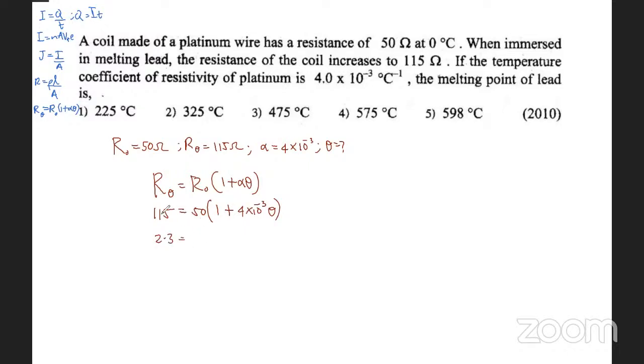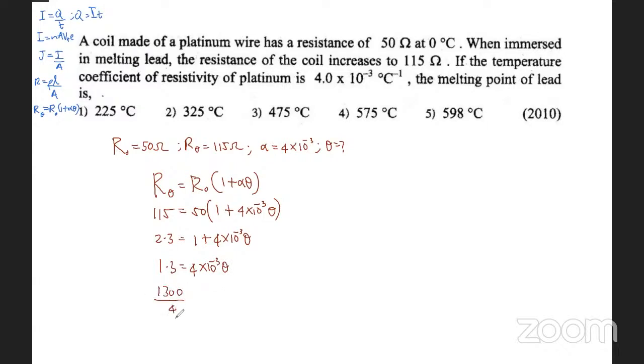How do I know it's 2.3? On either side I multiplied by 2. So 230 over 100 is 2.3. 1 plus 4 into 10 to the power minus 3 theta. And then you can subtract this 1 from 2.3, that is 1.3 equals 4 into 10 to the power minus 3 theta. 10 to the power minus 3 is divided by 1000, it goes to the other side, becomes 1300.